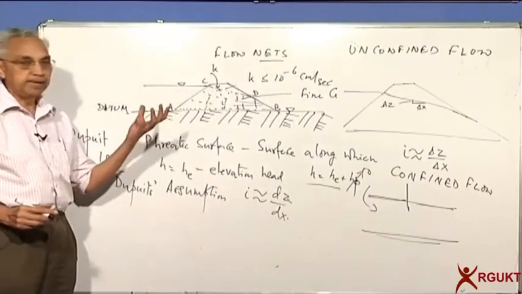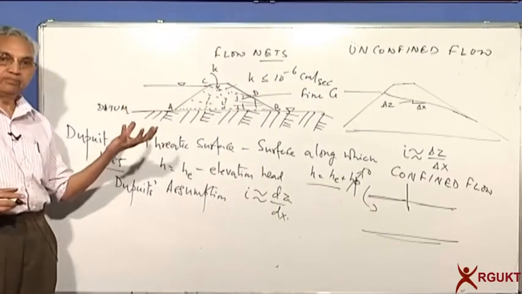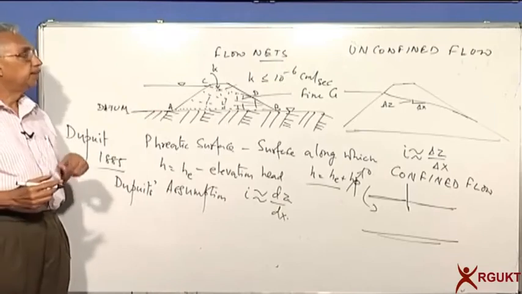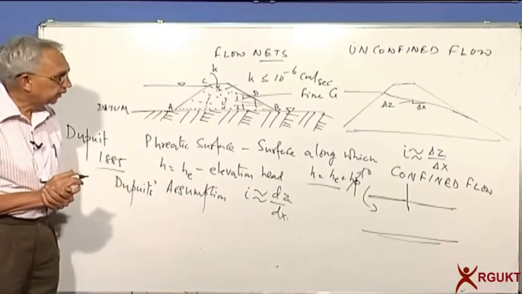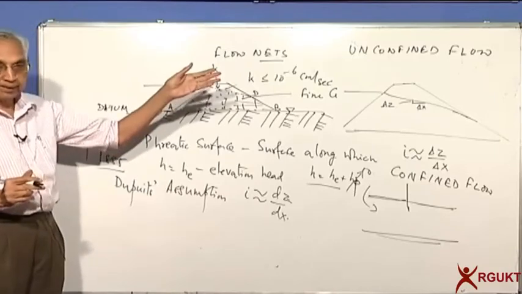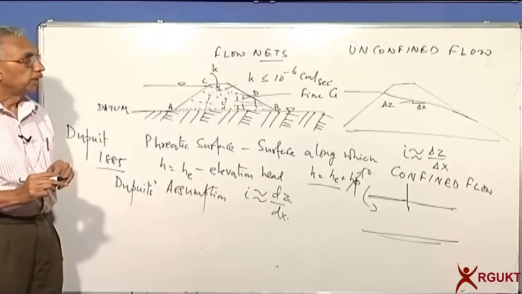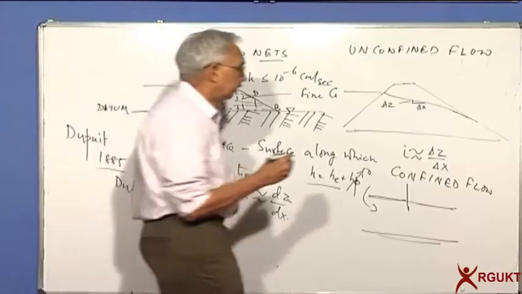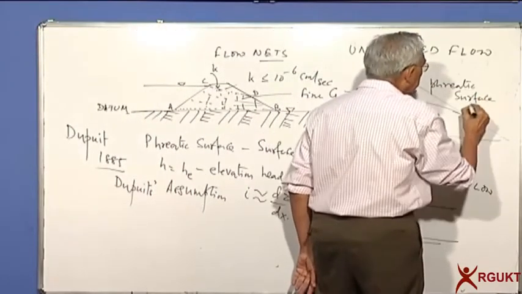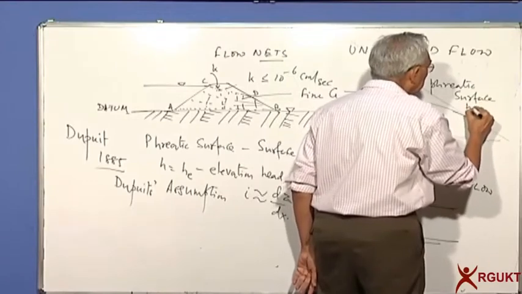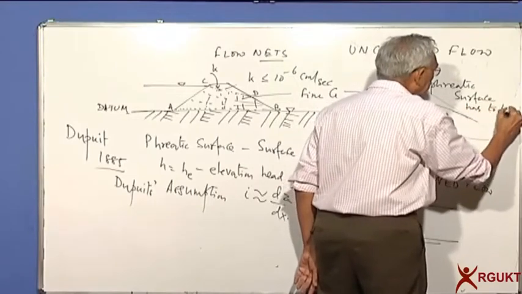When you have a dam, the top surface is not known beforehand, and we have to define it using some characteristic. So based on that, we define the problem as an unconfined flow, and in the case of unconfined flow, this phreatic surface has to be found out, has to be determined.